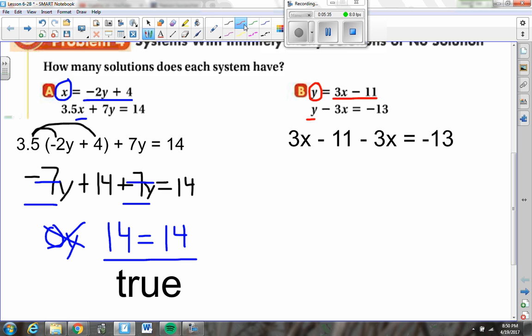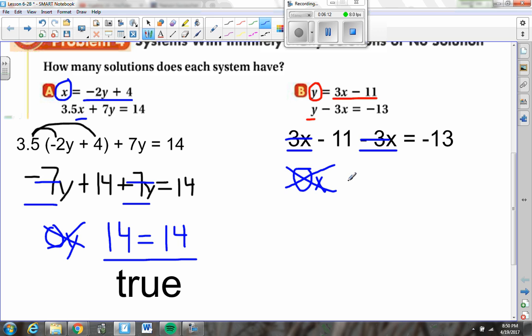I combine the like terms on the left side: 3x minus 3x. It's a 3x and a negative 3x. When I combine those like terms, 3x take away 3x is 0x, which is like it doesn't even exist. It's just gone.